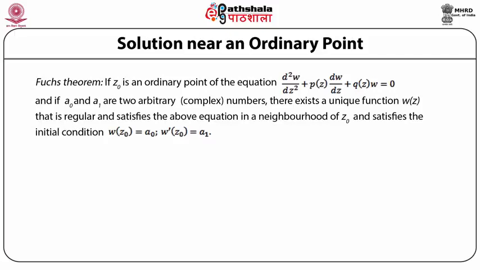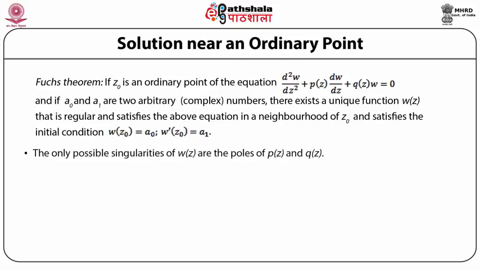Also, it satisfies the initial conditions: at z = z0, w = a0, and at z = z0, the first derivative of w is equal to a1. Thus, the only possible singularities of w(z) are the poles of p(z) and q(z).